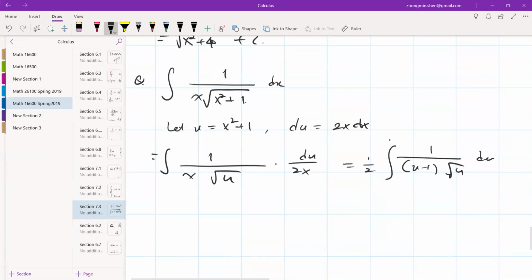But they're all in the denominator. It's harder to deal with that. Then you say, okay, I don't like the square root of u. Can I get rid of the radical, right? Because the radical is still there. So you can let v be the square root of u. Let's try this again.